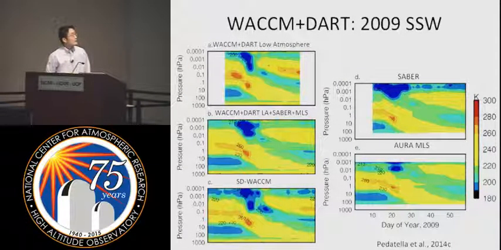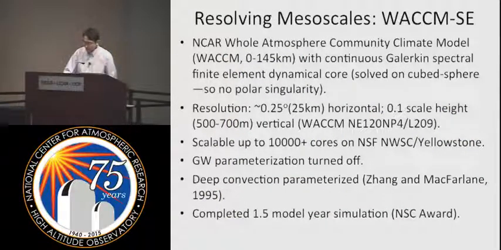He built this system, and he was able to demonstrate that once you assimilate lower atmosphere and upper atmosphere data from SABER and MLS, you can do a much better job. One distinct feature here is the elevated stratopause following stratosphere warming, and it doesn't show the unrealistically large descending rate that is in other models, or if you don't assimilate the data.